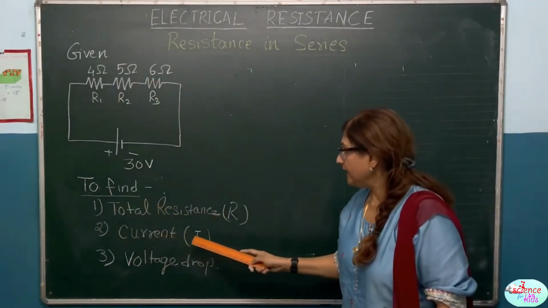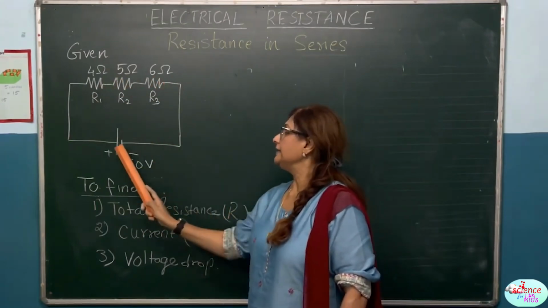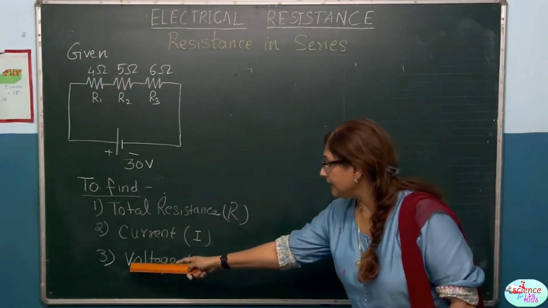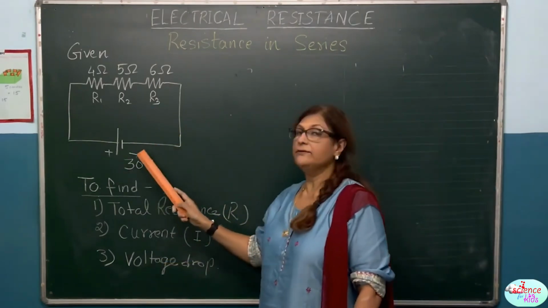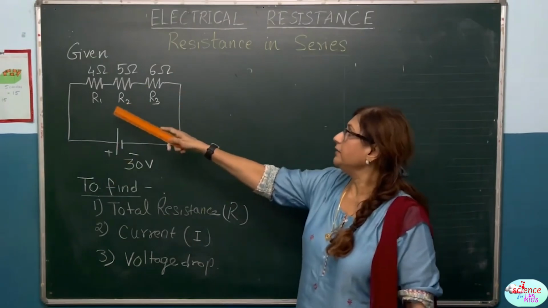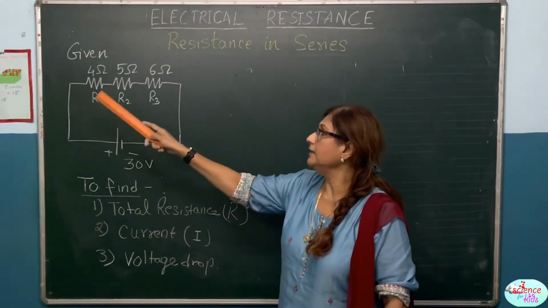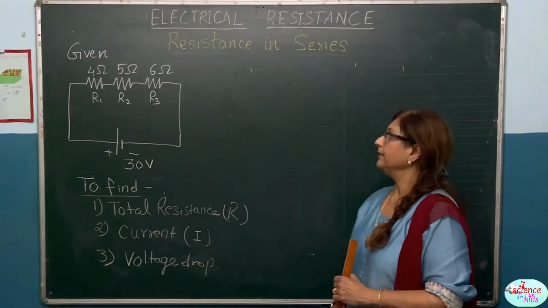Second, the current, the amount of current flowing in this circuit. And the third is the voltage drop. The total voltage is given, which is provided by the battery here, and we have to find the voltage drop in R1, R2 and R3. So let's see.